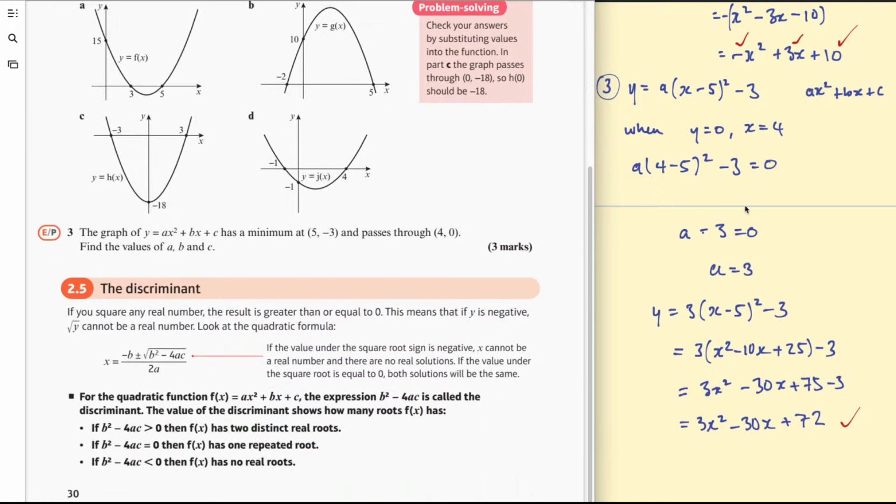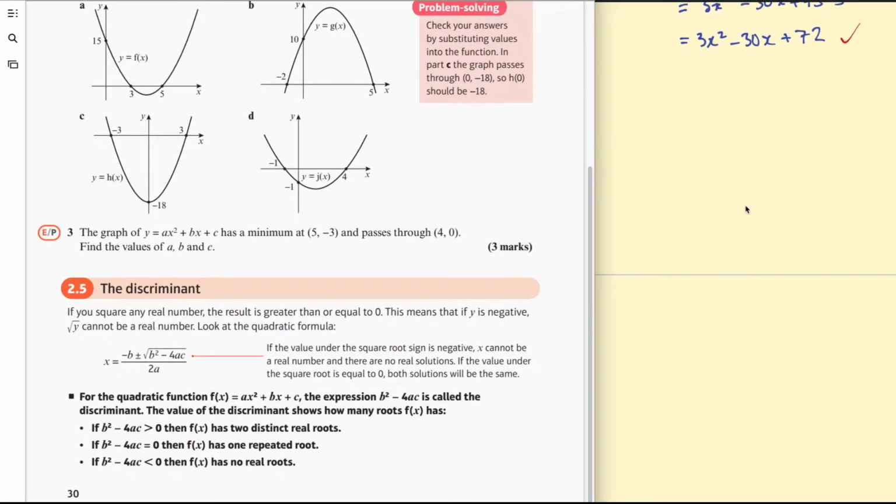Yeah, there's a lot of crossover in year 12. So far I'm finding this textbook is just doing a lot of revision.